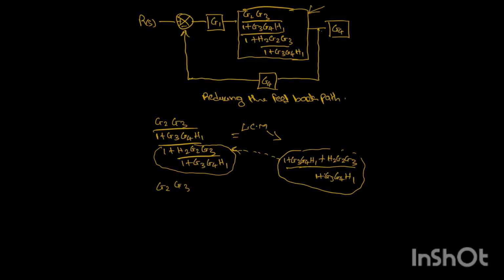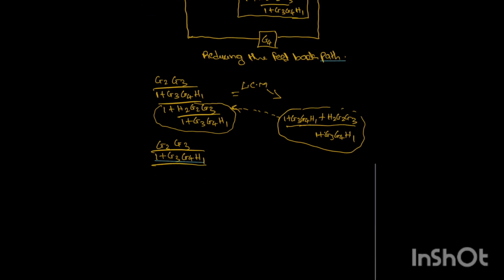G2 G3 all over 1 plus G3 G4 H1, all over 1 plus G3 G4 H1 plus H2 G2 G3 all over 1 plus G3, G4, H1.